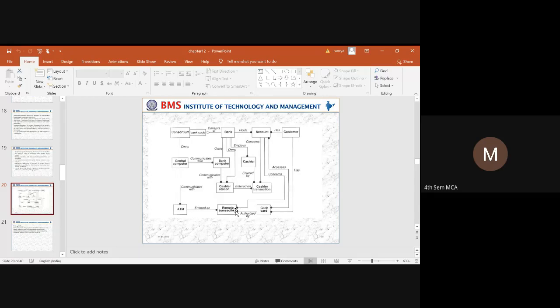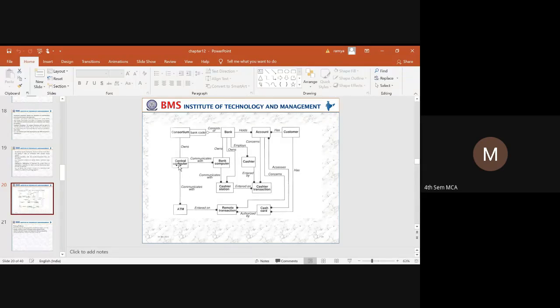That means a customer is using a cash card, so the cash card will be used in an ATM station. Whatever transaction he is performing on an ATM station will be considered as a remote transaction. Once the remote transaction is performed, next, that has to be communicated with the bank computer.